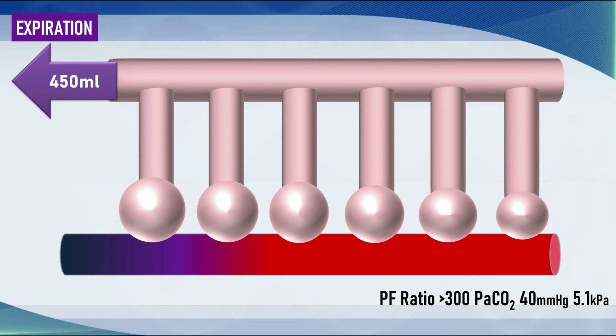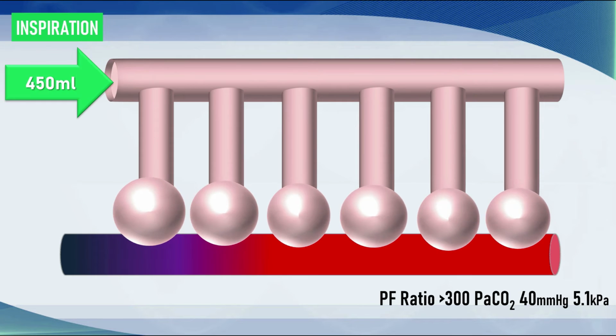These are normal lungs in expiration. For example, the anterior apical segments are on the left, the posterior dorsal segments on the right. The PF ratio is more than 300. The PaCO2 is 40 millimeters of mercury or 5.1 kilopascals. When the patient inspires, every alveolus increases in size, but the greatest inspiratory incursion is in the posterior dorsal segments, as these started with the lowest volume.